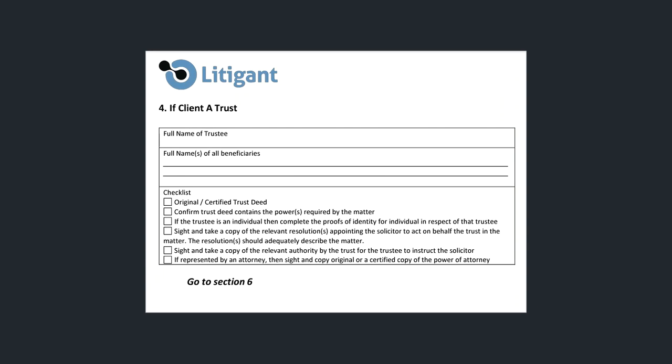Where the client is a trust, whether it is an individual acting as a trustee or a corporate trustee, some additional information would be needed, such as a certified copy of the trust deed, confirmation that the trust has the necessary powers, and to identify the individual in respect of that trust.